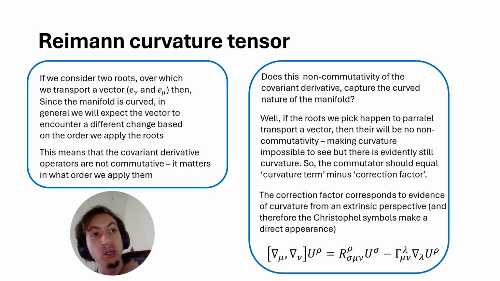This other term is a connection coefficient multiplied by the covariant derivative of the components of the vector. This covariant derivative, you'll notice, is kind of a covariant derivative along a different direction. So it's not necessarily going to give 0 even when the covariant derivative along mu or nu would correspond to 0.